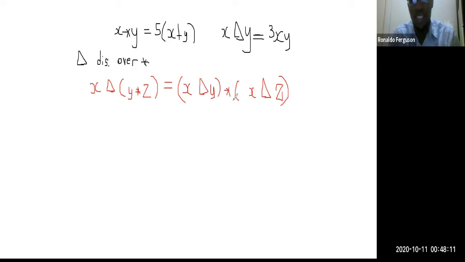So if delta is distributive over star, then this is what happens. This is the magic that happens. So now let's simplify this magic. Alright, let's do this. Let's start with our left hand side.